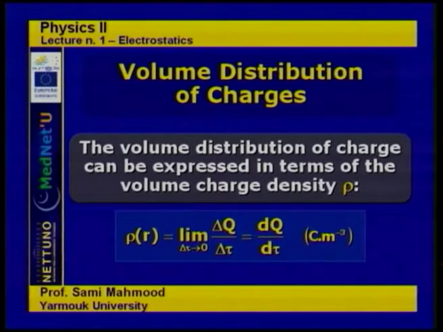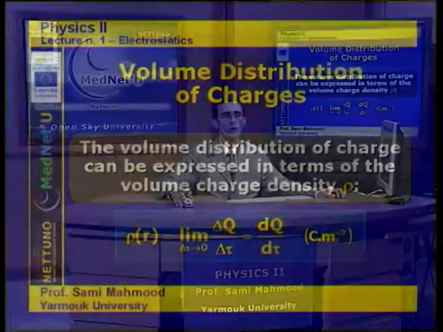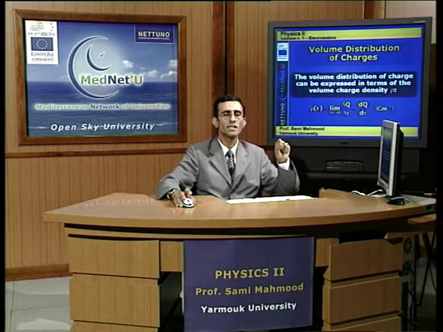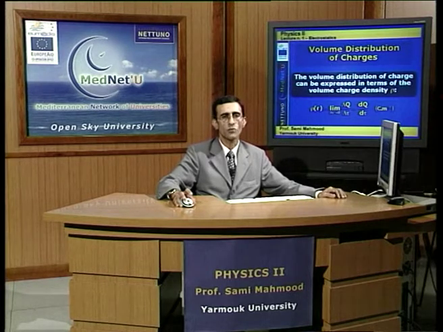However, if we take the limit as delta tau goes to 0, then in that limit, delta Q over delta tau becomes dQ over d tau. The volume d tau is approaching 0, and then the density that we measure that way is the local density, rho at a point r, where the position r is the position of the volume element d tau. So that's how we define the volume density rho.